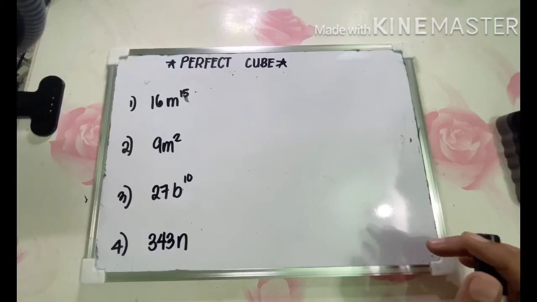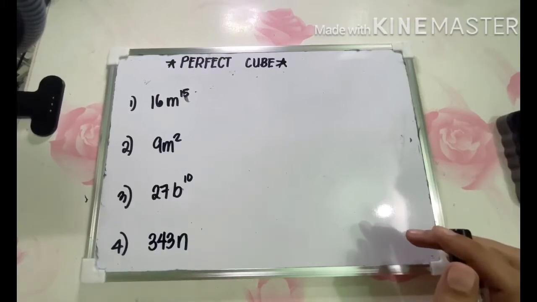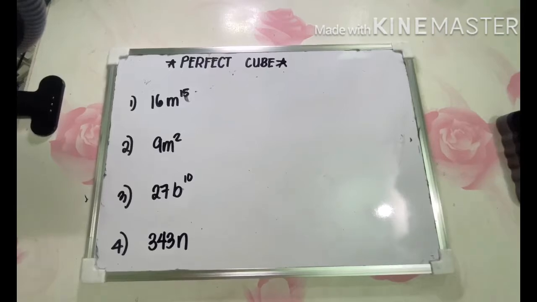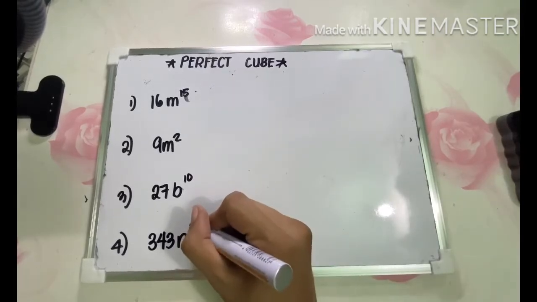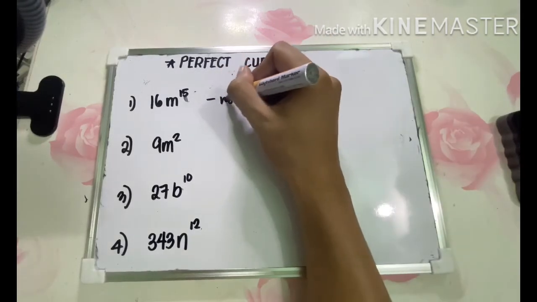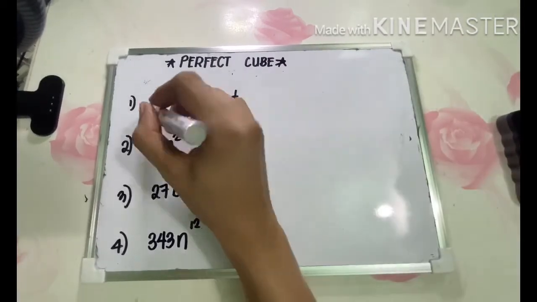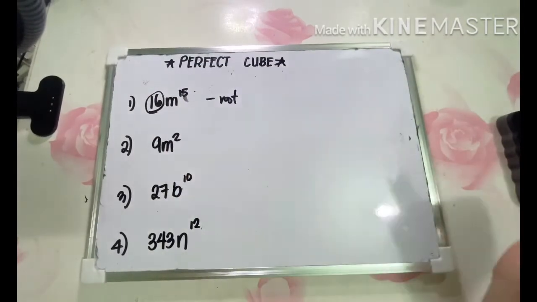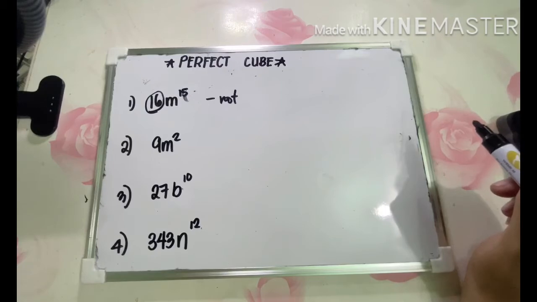Okay, let's try to identify which of the following is a perfect cube. Let's have number 1. 16m raised to 15. Is that a perfect cube? This is not. Why? Because here the 16 is not a perfect cube, but it is a perfect square.